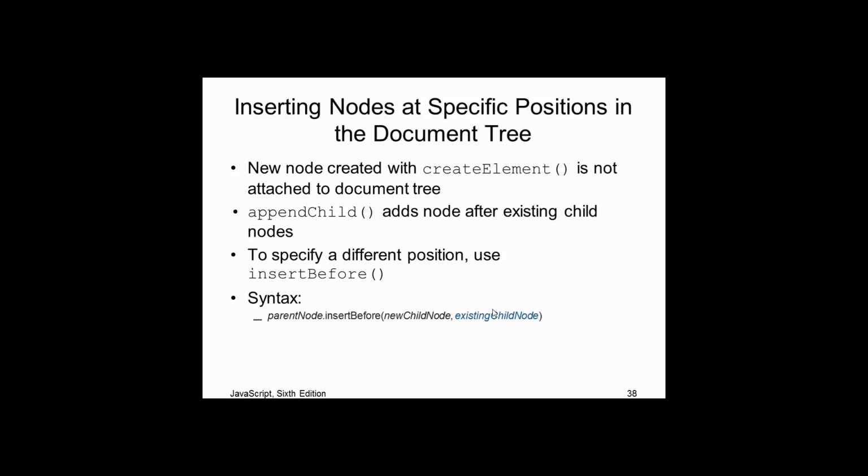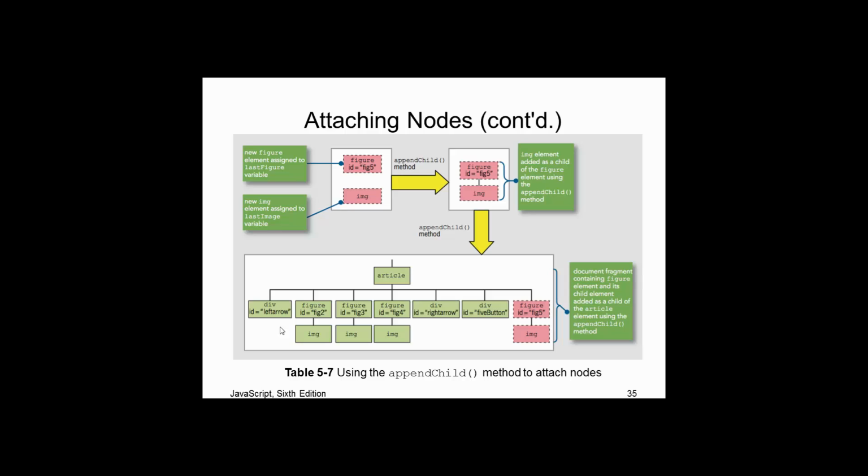Okay? So can I show it on the diagram? The parent would be article. The new content would be the figure. That's what you've created with JavaScript. And then the element that you want to insert it before, maybe you want to insert it before figure 4.